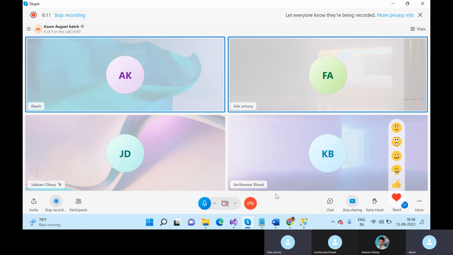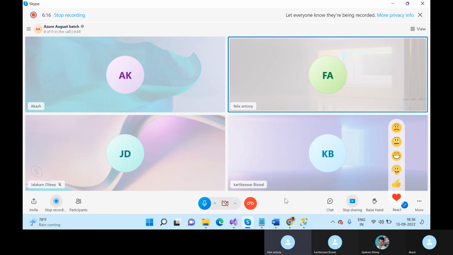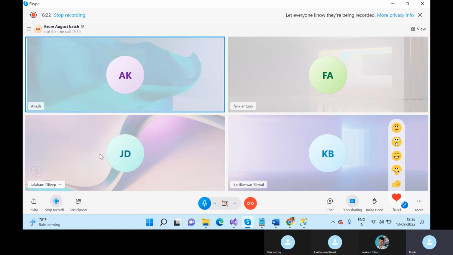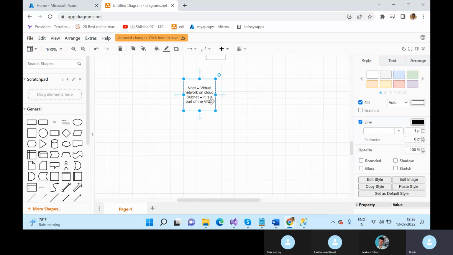That's correct. 10.0.0.1. And 192.168.1.1? No, he already said that. There are only three. What is the other one? 172.24.21.21. Awesome. So these are the three private IP ranges: 10, 172, and 192.